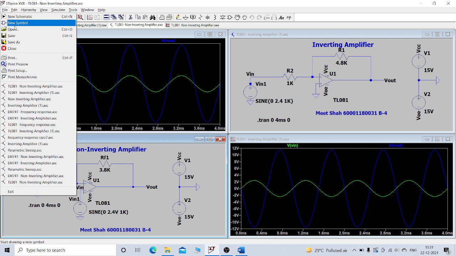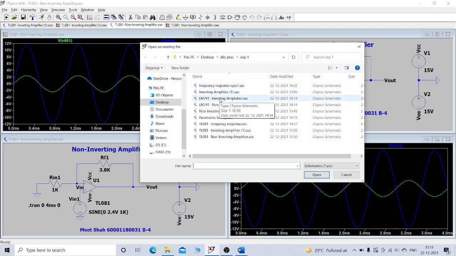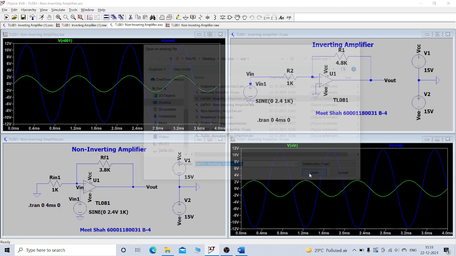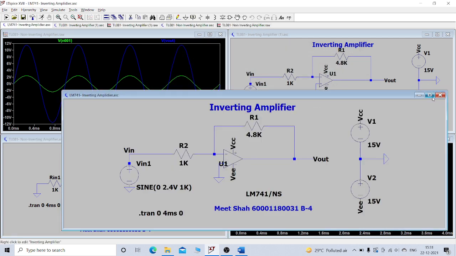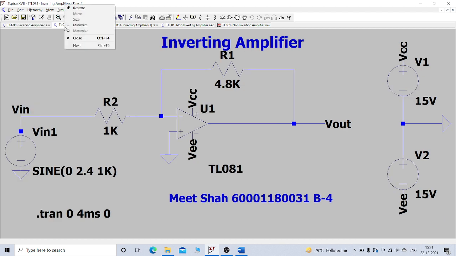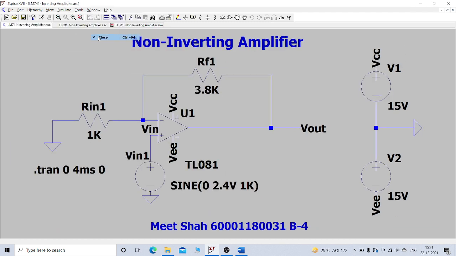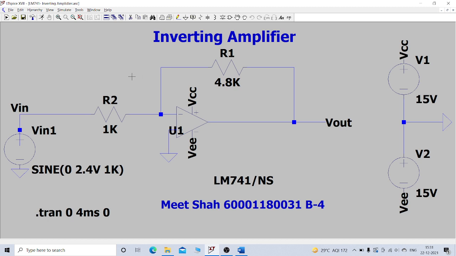Now we'll shift to the next, that is LM741C. LM741C inverting amplifier. We'll open this. We'll close all which we don't need. So here we have an LM741C. We'll simulate this.